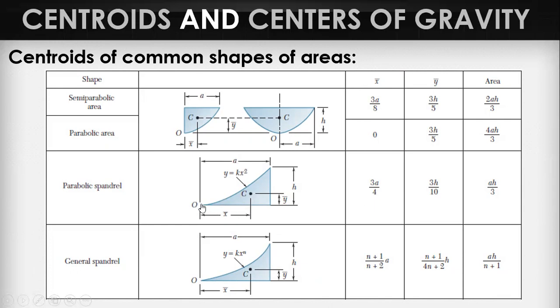Okay. Vertex man eh. And then 3/10 of H is there yung reference. So for X bar, 3/4. So kung i-refer nimo diri sa corner, right angle, 1/4 of A. The area is 1/3 base times altitude, 1/3 AH.